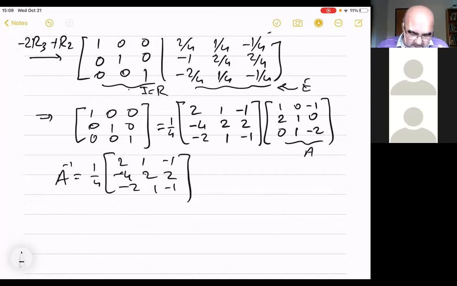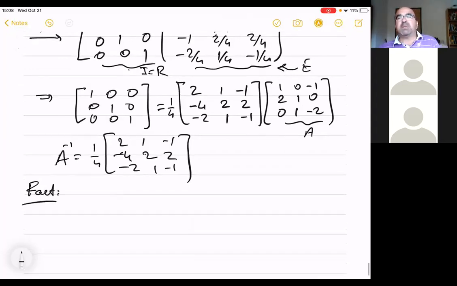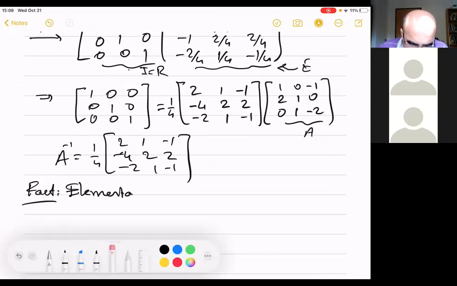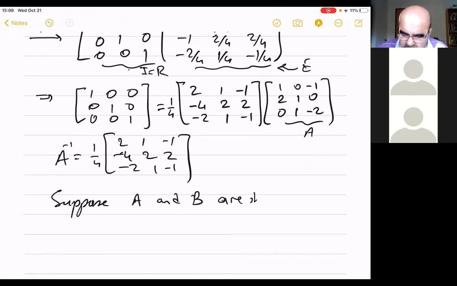Okay, so here is an example. So lemma, let's say, fact, elementary matrices. Before this, I want to say one more thing. Suppose A and B are invertible.